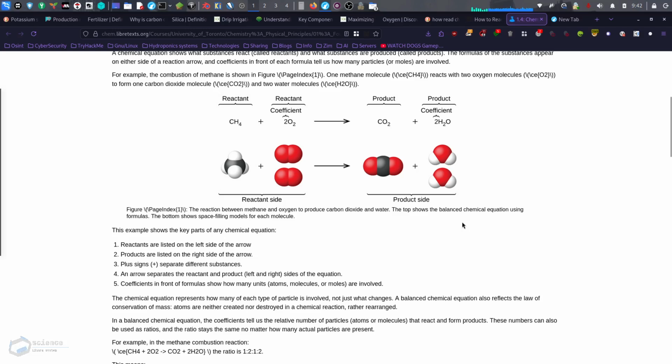This equation means left side, right side, reactants, products. Fifth, coefficients in front of formulas show how many units, how many atoms, molecules or moles are involved.